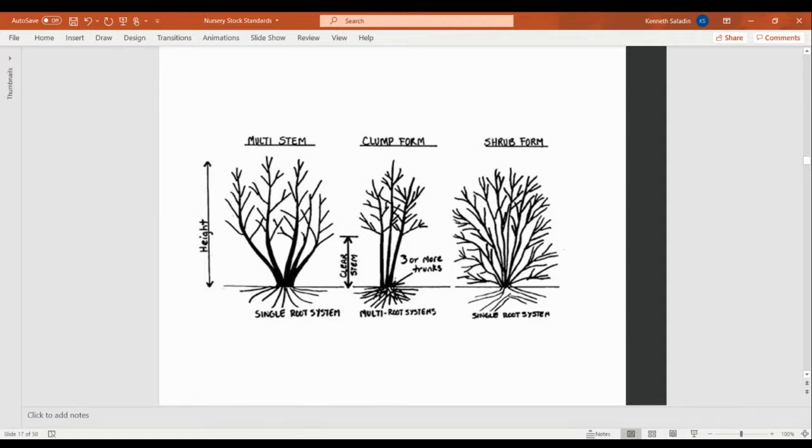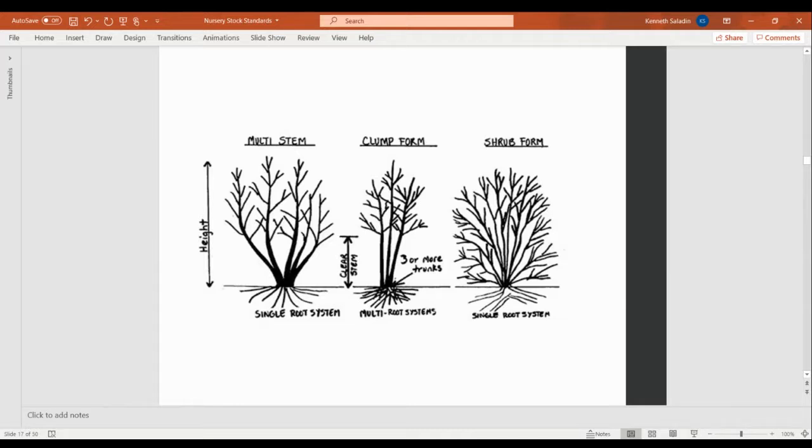You can see on the left the picture of a multi-stemmed tree which shares a single root system. I'm thinking that this could perhaps be a tree species that just naturally sends up many shoots and becomes multi-stemmed on its own.